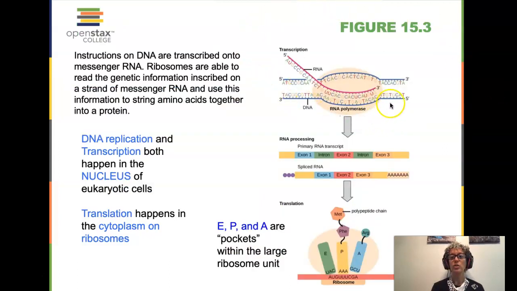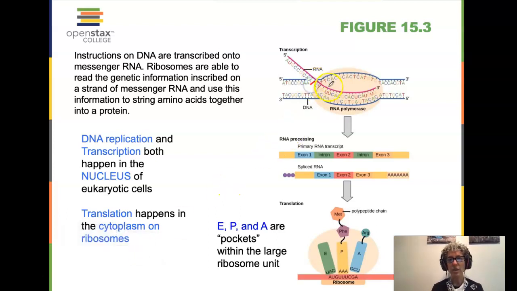We saw a larger image of this during the transcription portion of chapter 15, where the RNA polymerase reads the DNA to make the RNA, and they've once again put some T's in the RNA.